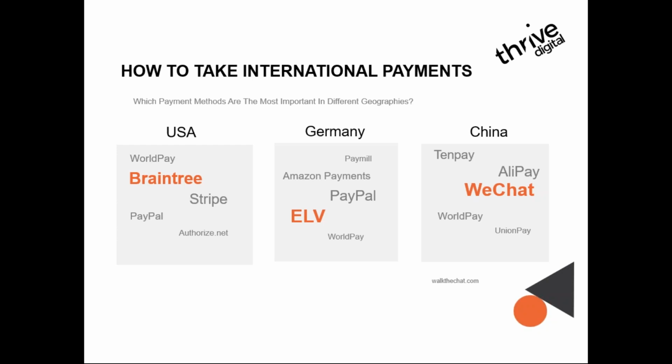Coming to China, China is a whole different kettle of fish. China, by and large, pay through their social media for everything. So obviously you have Alibaba, which is the world's largest e-commerce company, and they have their own wallet, similar to Apple Pay and Google Wallet, but specific to Alibaba and their platforms.